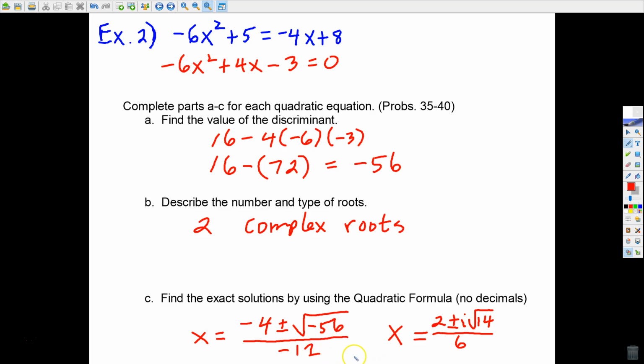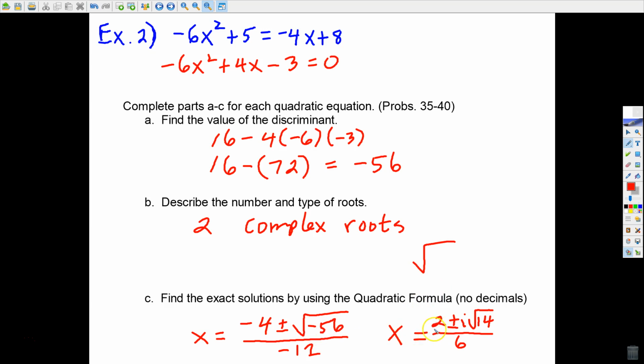You're saying, when you're simplifying, like the square root of negative 56? No, like right here, these two cancel out, but this one stays the same. Yeah, that's a great question.